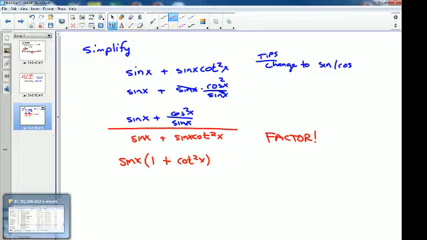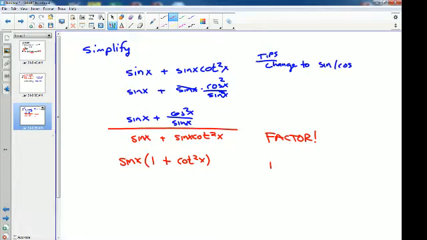What good would changing this to secant give you? Nothing. It does nothing for us, right? Does it make it more simple? Well, you still want to change to a tangent. Okay, there's a Pythagorean identity from Thursday. So one other tip is to use your identities. 1 plus cotangent squared x is cosecant squared x.